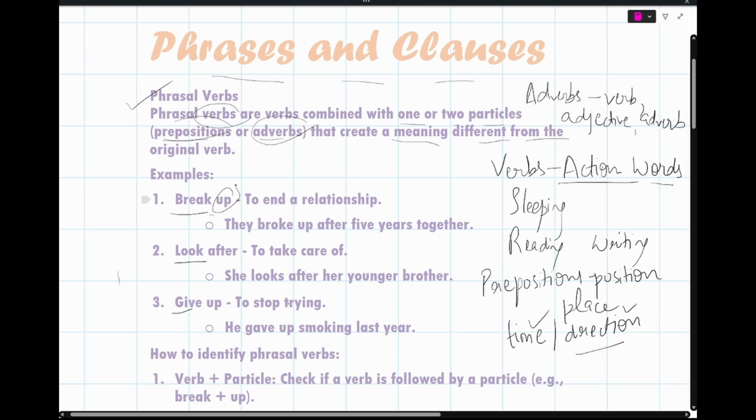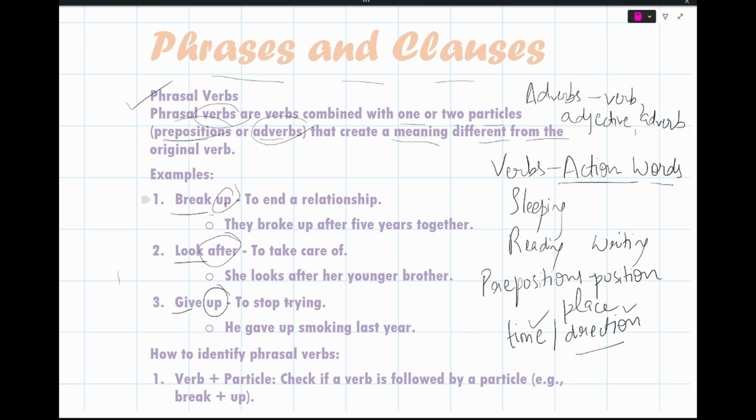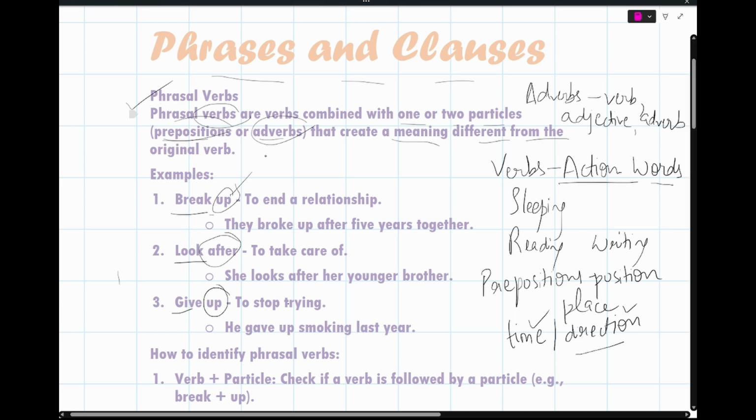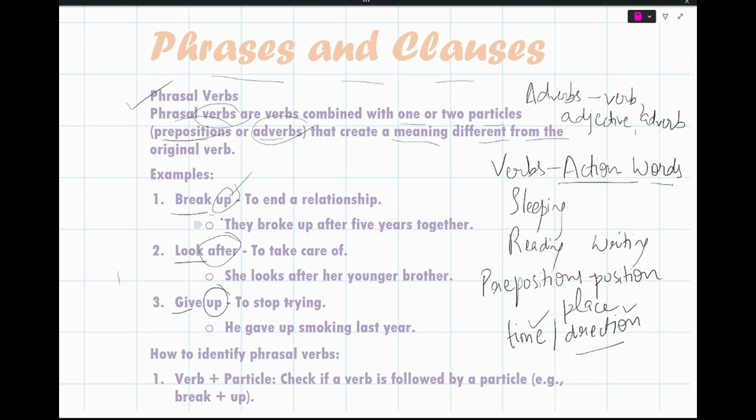Now if you add a different component to the base verb, it can change the meaning. You can say break up, look after, give up. Up can be an adverb of place, and after can be a preposition of time.